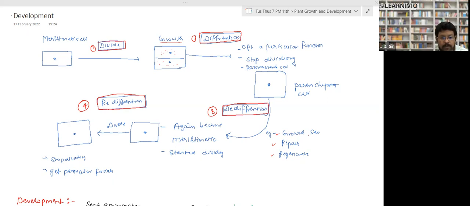During differentiation, cells opt for a particular function. They stop dividing and become a permanent cell.